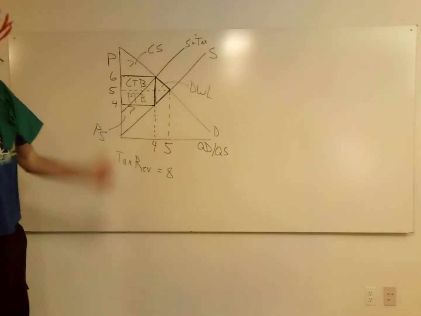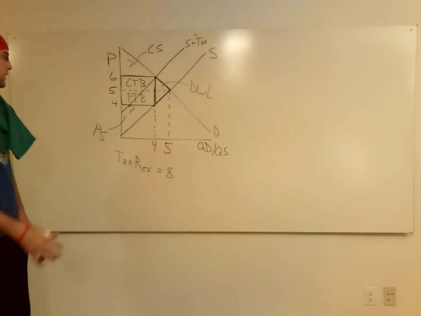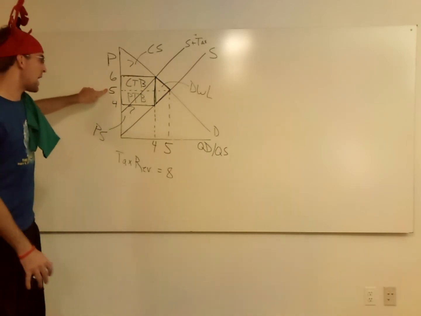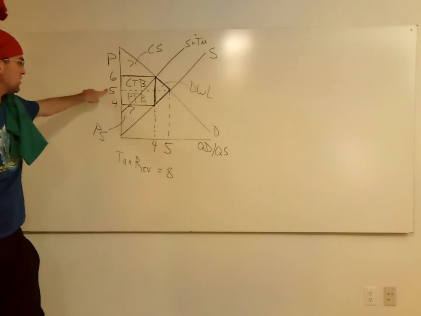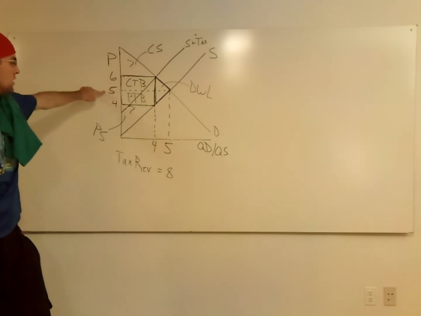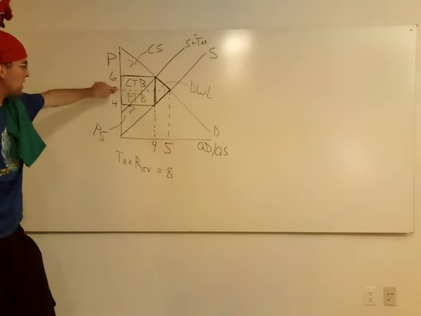Couple of things to think about here. What was the original price before the tax? $5. Now the price after the tax that consumers have to pay is going to be $6. So they went from paying $5 to now they pay $6. So it cost them $1.